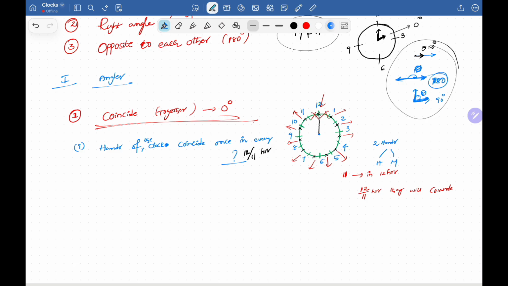They can ask you anyhow. If you know this, the other things are very easy. They coincide 11 times in every 12 hours, that is, once in every 12 by 11 hours.